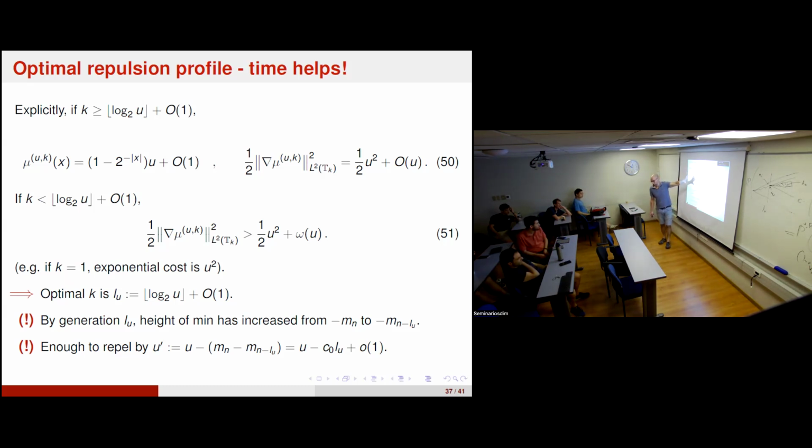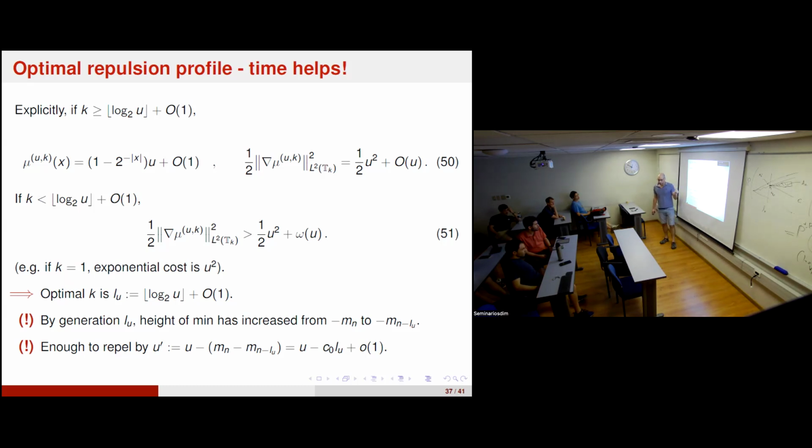You do this first order analysis, and that's been done also in previous works, and you realize that the optimal way for the field to lift the minimum by u is to go in log 2u generations all the way to level u, in this exponential way, following this harmonic profile. So that's what you do.